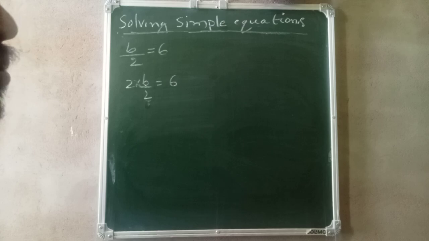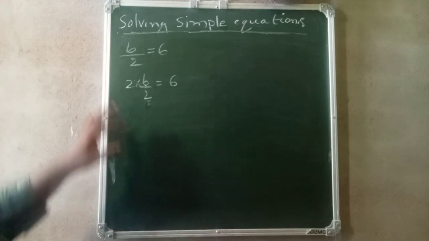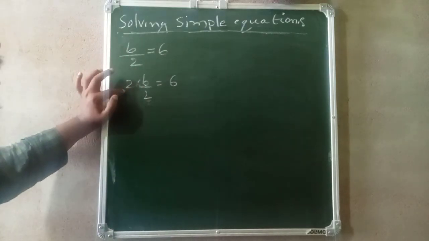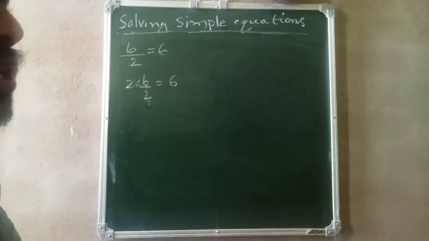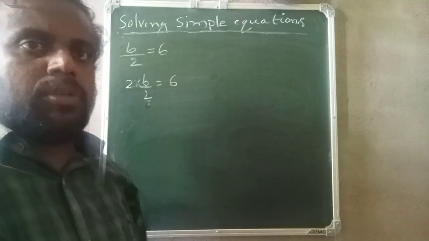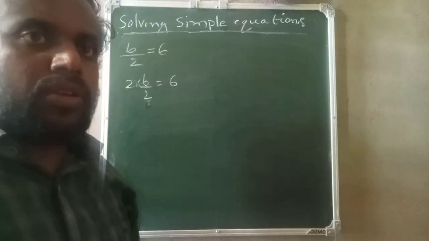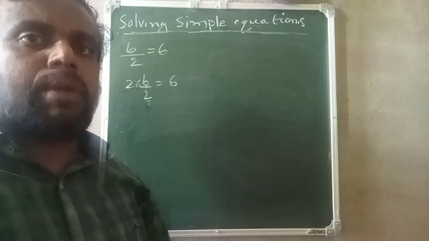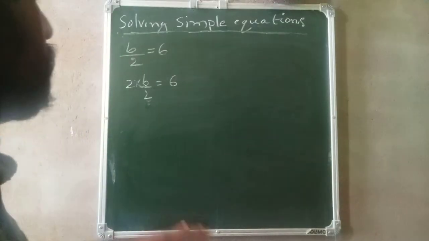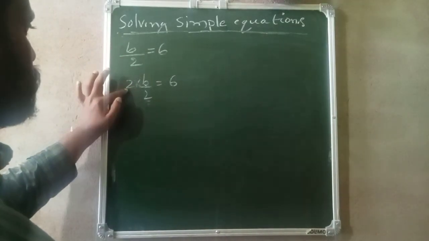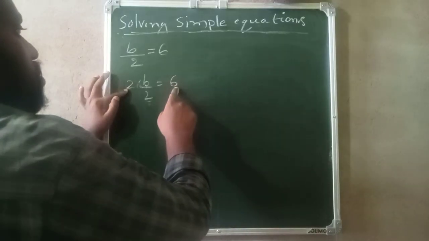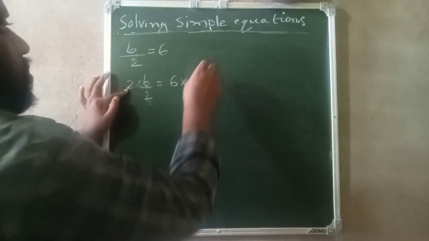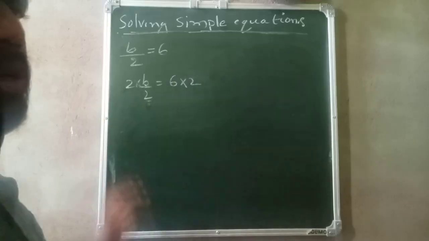Now the point is, if you multiply only this side by 2, the equation will get imbalanced. That means that will become wrong. So in order to get the equation balanced, if you multiply this side by 2, you have to multiply this side also by 2, by the same number 2.